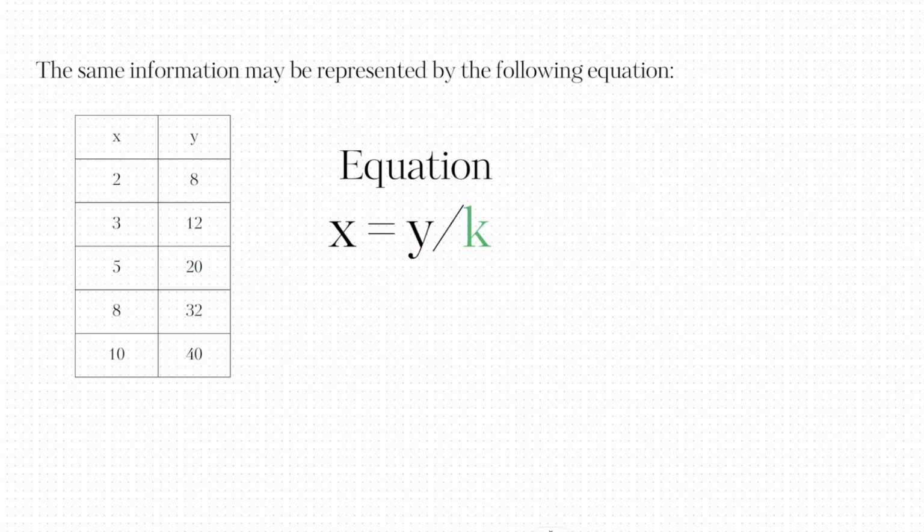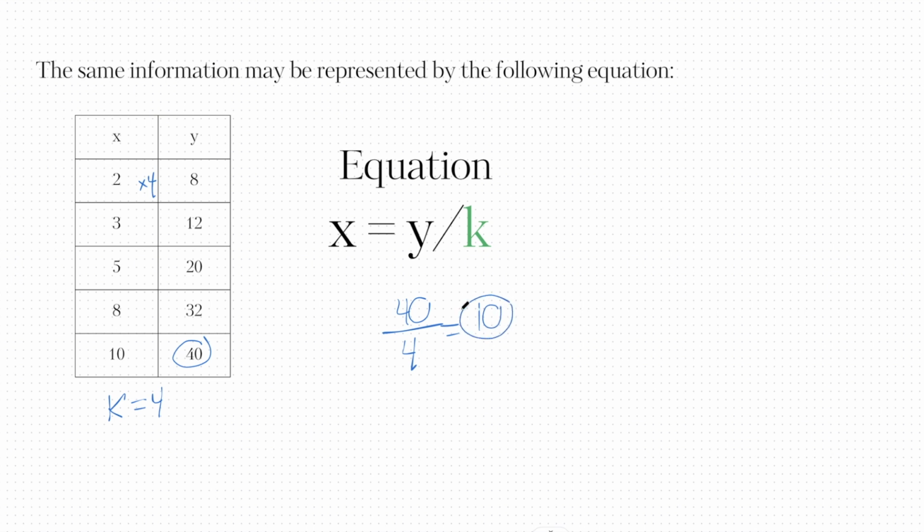So let's prove that this works. We figured that the k value was 4, because to go from 2 to 8 is times 4. Let's plug these values in to see what x is, and see if it works. I'm going to take any y value. Let's pick this one here, 40. If I divide it by the k value, we said k is 4, well, 40 divided by 4 is 10.